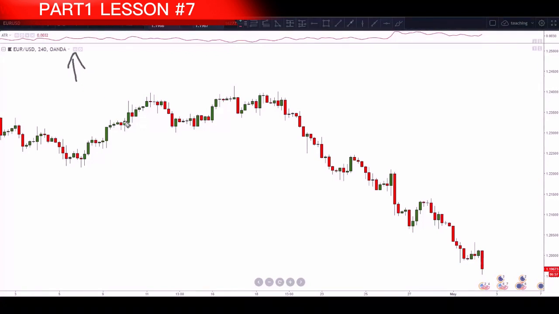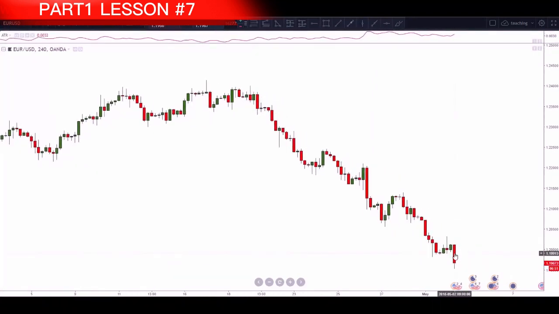What we're going to do in order to figure out the ATR of a specific candle is hold our mouse over the candle. And what we have to do once doing that is look up here. If you look to the top left-hand side of the screen, right here is a number, 0.0032. That means that currently the average true range of the euro dollar is 32 pips.